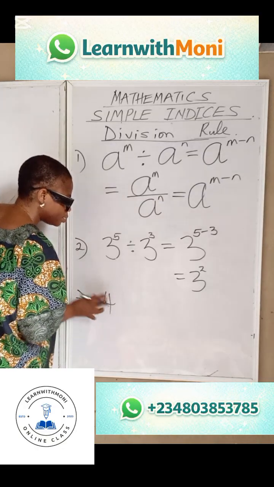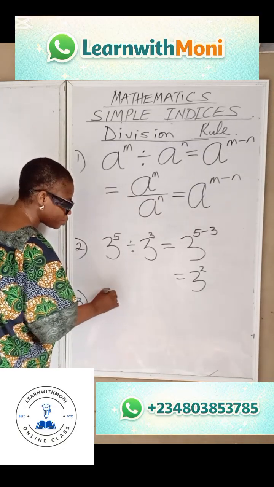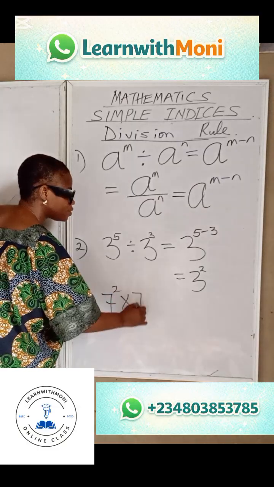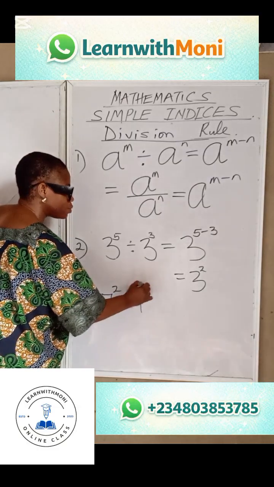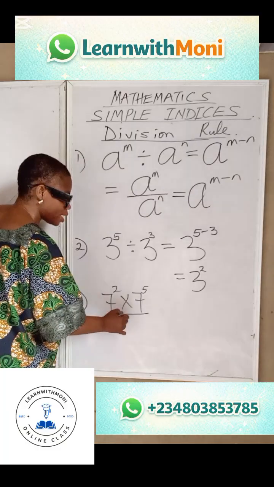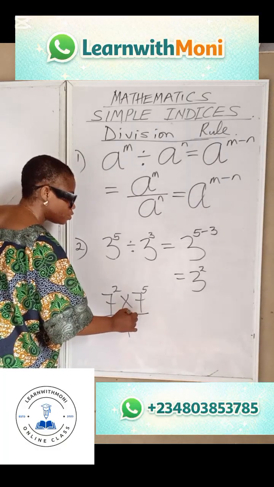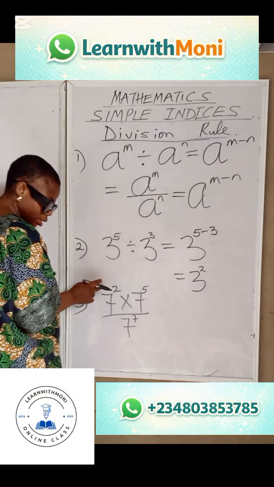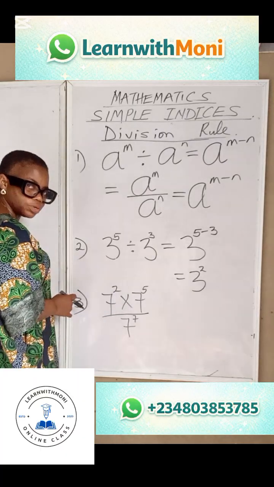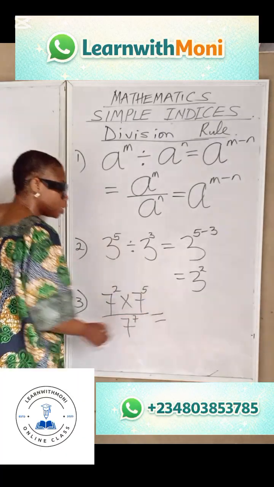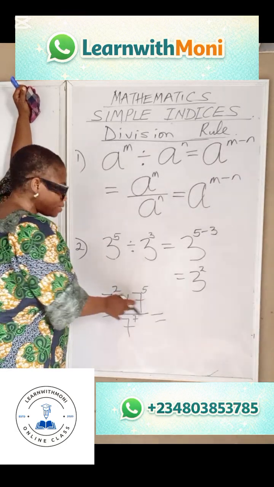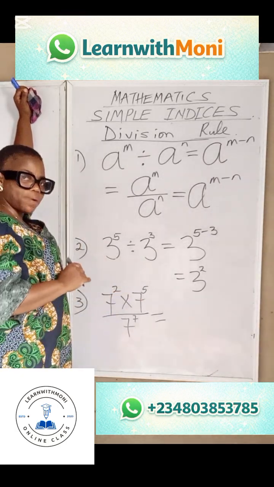I will take 7 raised power 2 multiplied by 7 raised power 5, divide everything by 7 raised power 7. Look at it. This is multiplication. Do you remember the multiplication law?